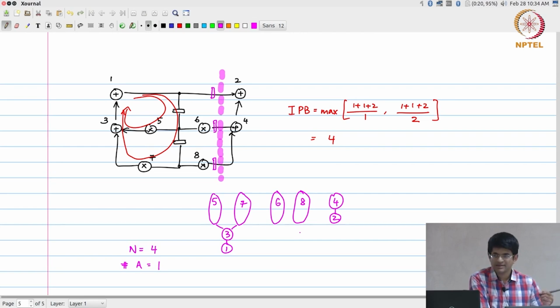What about multipliers? I could have pushed these 2 down, right, because there are no other dependencies after that, but I can't push these. So the number of multipliers, I need at least 2, okay.